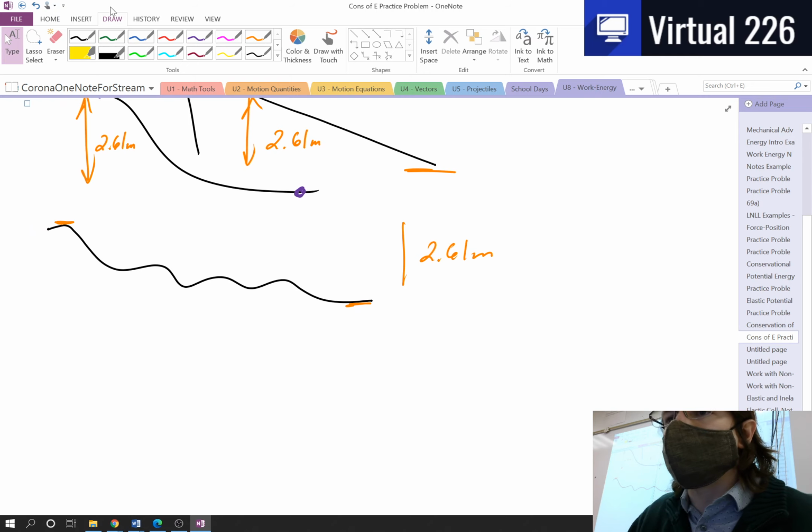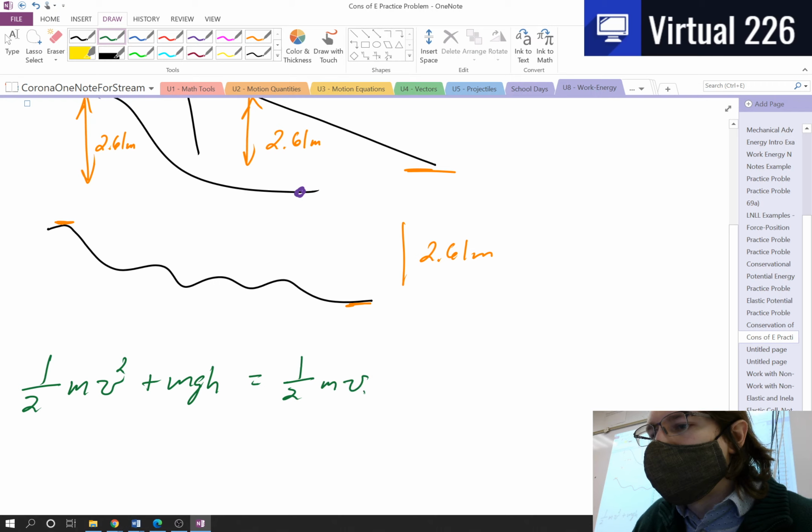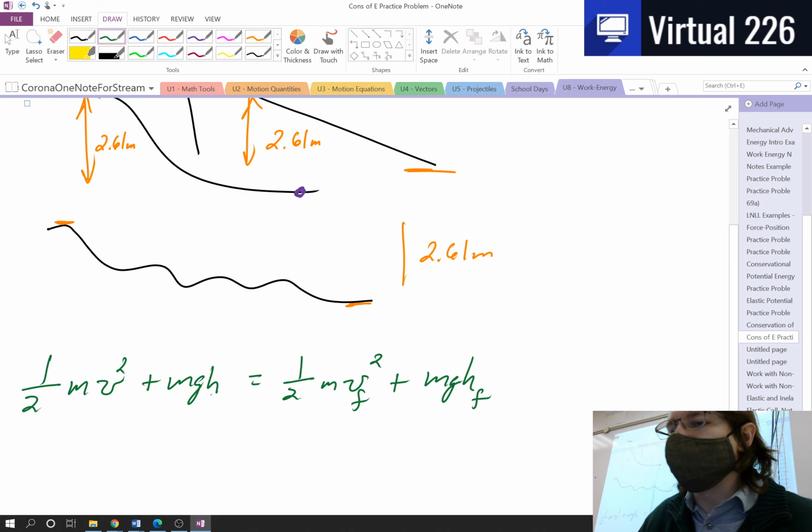So if we write out our conservation equation, we're going to have 1/2 mv squared plus mgh equal to 1/2 m final velocity squared, or v prime if you want, plus mg, and then the final position for h. Maybe I'll call these initials back here.